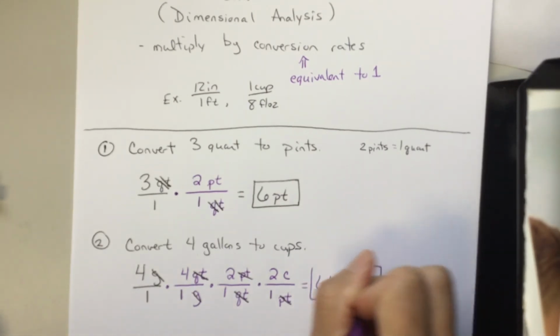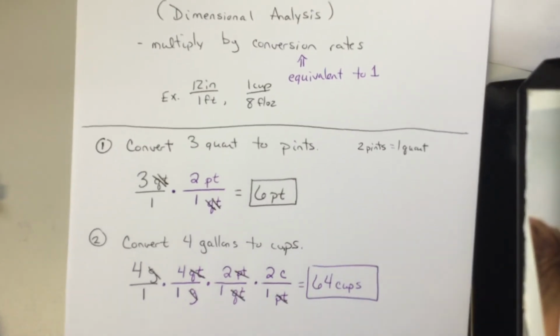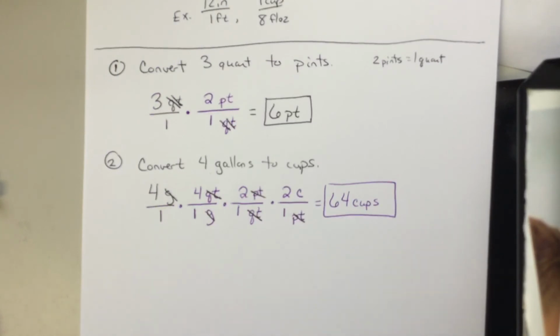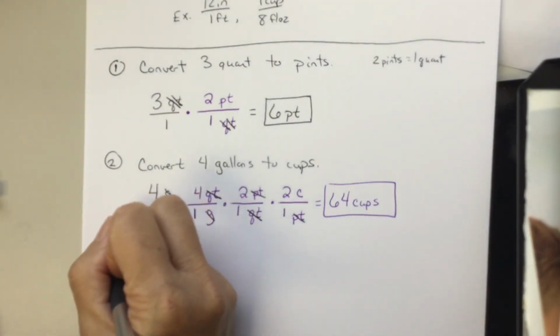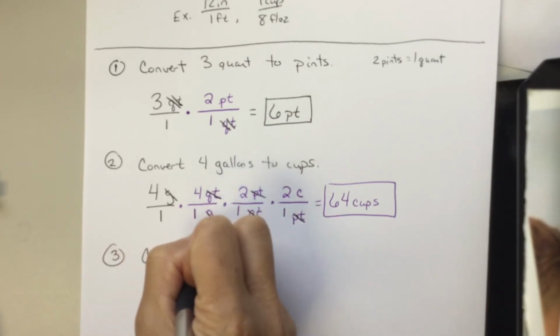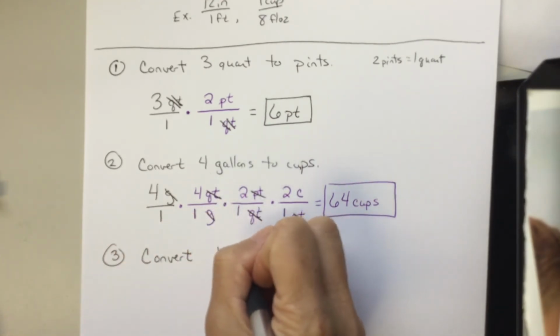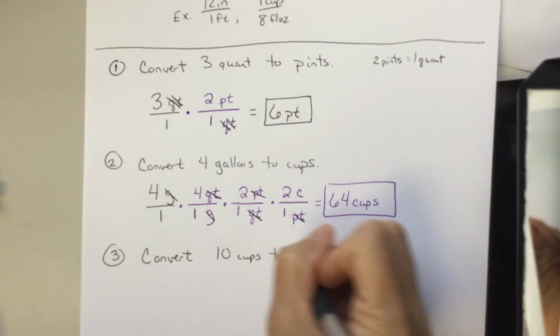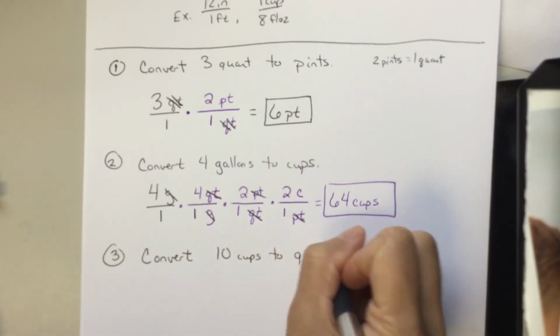So our first 2 examples, we only had 1s in the denominator. So for this next example, I want to look at one that goes the other direction. So we're going to convert 10 cups to quarts.